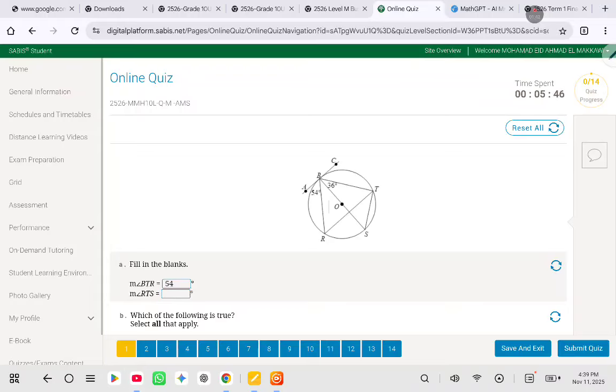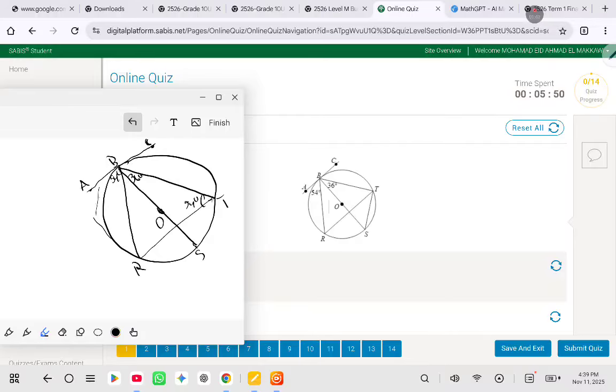Okay, RTS, angle T, right? I have a nice way of solving this one. First of all, guys, this is perpendicular. It's a right angle because the diameter cuts straight through.